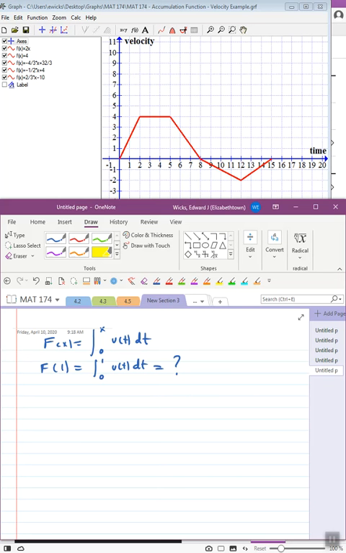What does that integral on the right represent, just geometrically? Anders says triangle.